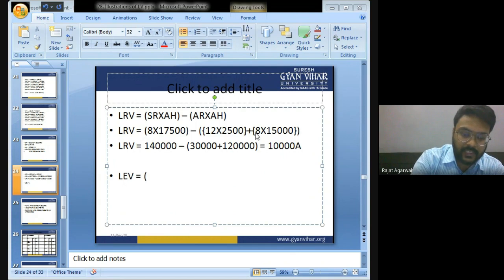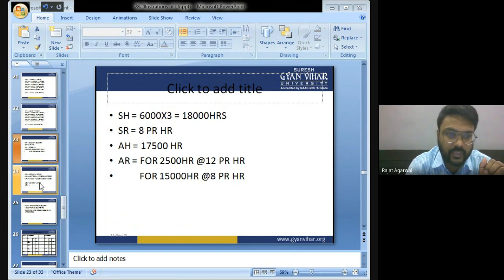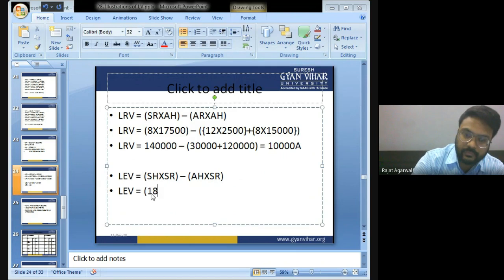The formula is standard hour into standard rate minus actual hour into standard rate. Standard hours are 18,000. Standard rate is 8 per hour. Actual hour is 17,500 into standard rate of 8 per hour.